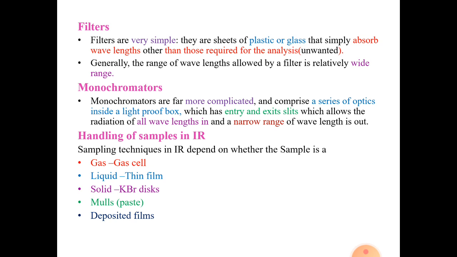An exit slit is a slit placed between the detector and sample. That means if you place a slit between source and sample, that is the entry slit. If you place a slit between detector and sample, that is called the exit slit. It allows all wavelengths of radiation in and sends out only a narrow range of wavelengths.